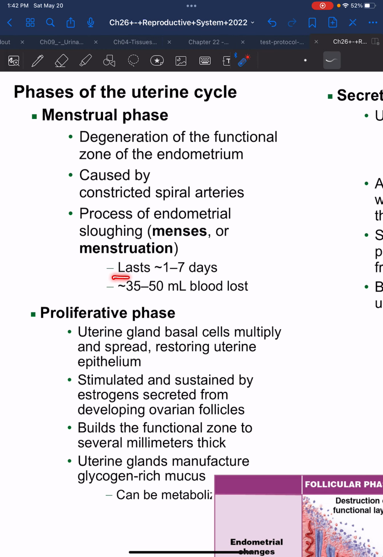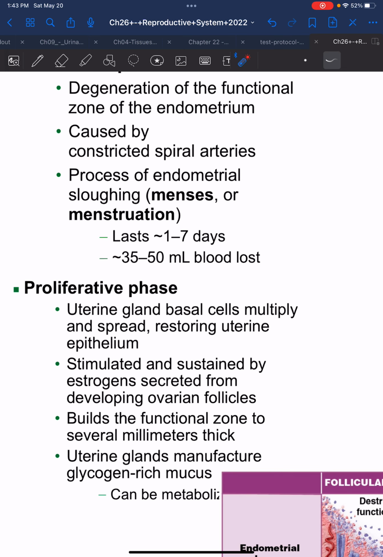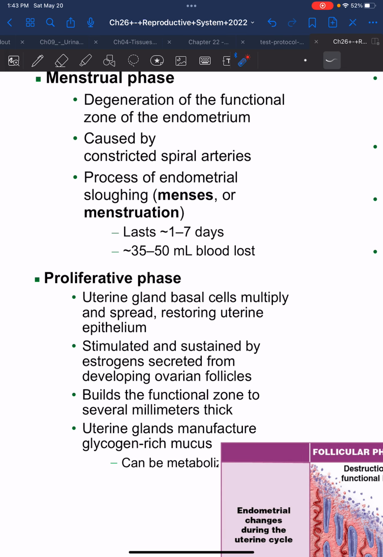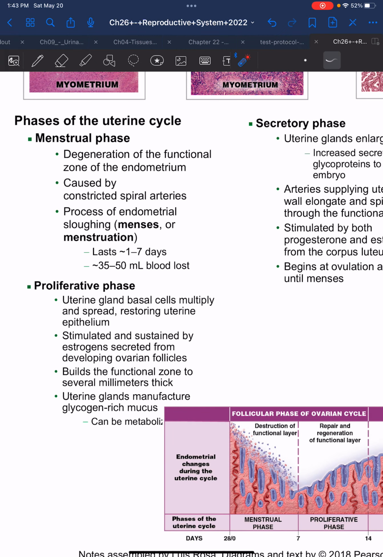This lasts approximately from days 1 through 7. And about 35 to 50 milliliters of blood are lost. This process of losing that layer is referred to as menstruation, the bleeding portion in a way, the releasing of the lining time period. And the discharge.